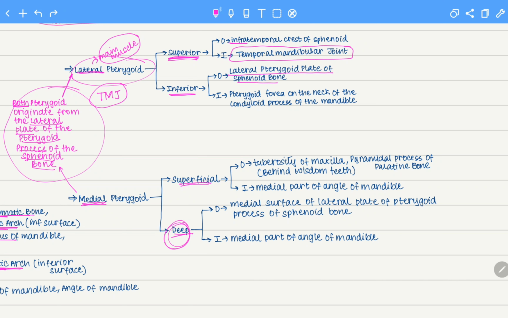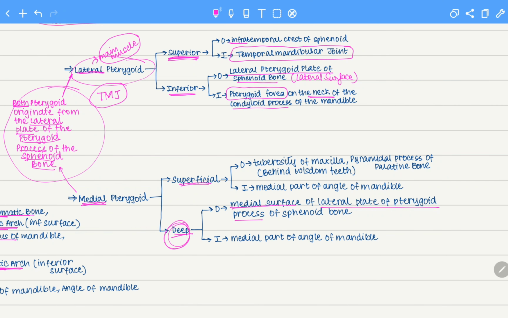The lateral pterygoid muscle, just like the name suggests, is going to originate on the lateral surface of the lateral pterygoid plate, whereas the deep head of the medial pterygoid is going to originate on the medial surface of the lateral plate of the pterygoid process. And then the inferior head of the lateral pterygoid will insert on the pterygoid fovea, which is present on the neck of the condyloid process of the mandible.